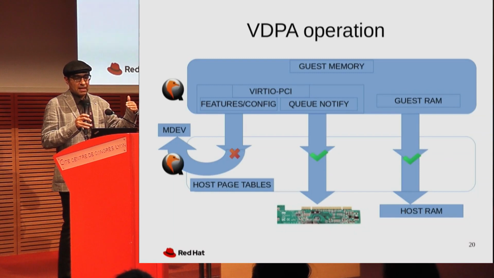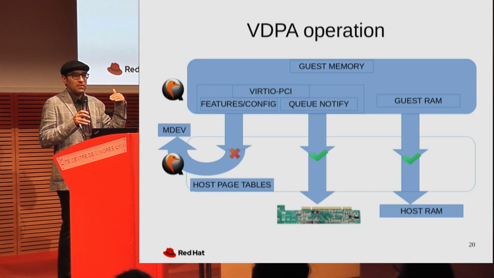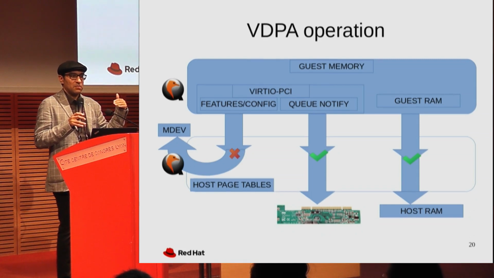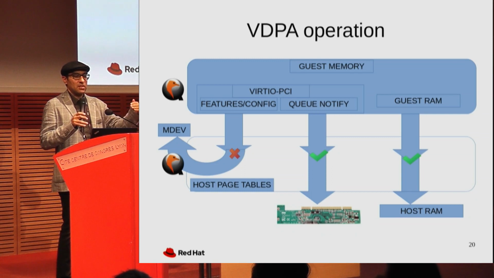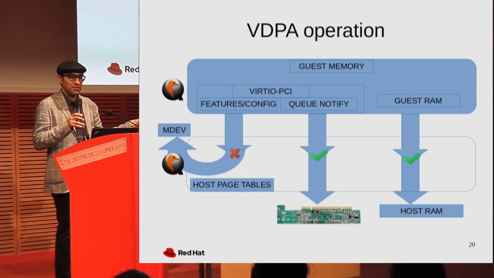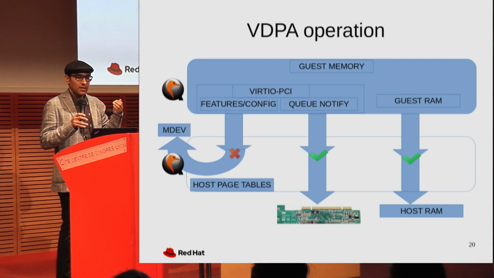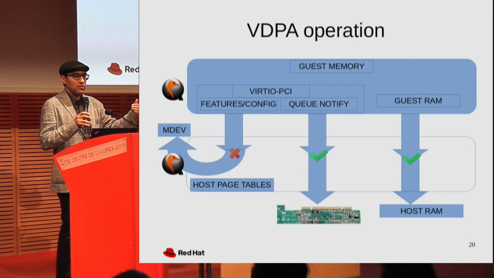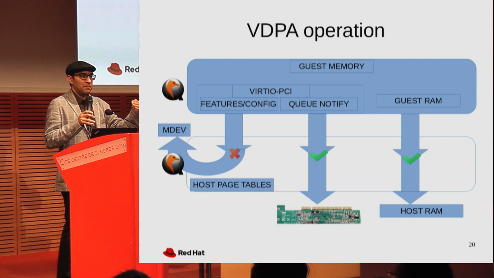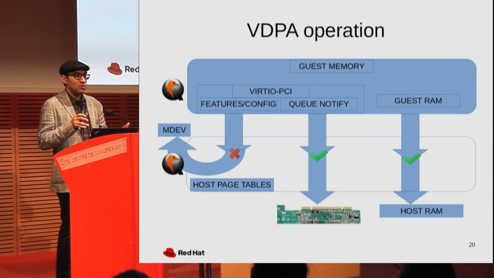So in this example, we have the configuration memory. The PTE that backs it in host page tables is marked not valid, so attempts to access it trap to the hypervisor, and then you can forward it to this mdev driver. And the notification memory is backed by a valid PTE, so it can go on to the hardware without any traps, just like pass-through, right?